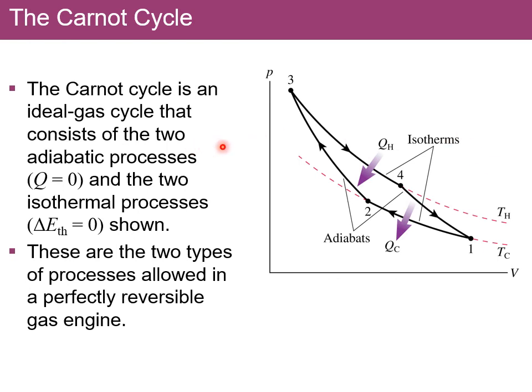The Carnot cycle is an ideal gas cycle that consists of two adiabatic processes, Q equals 0, and two isothermal processes, delta E internal equals 0, as shown. These are the two types of processes allowed in a perfectly reversible gas engine.